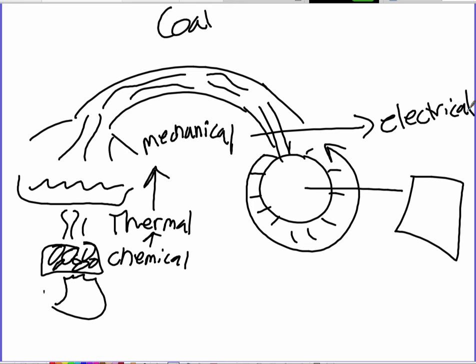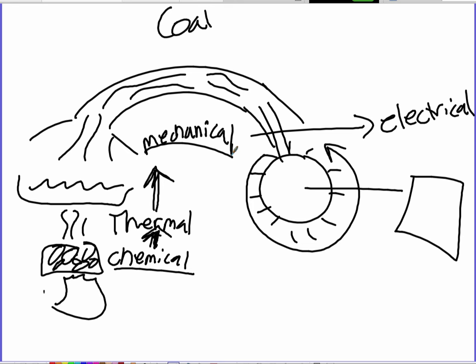So in a coal-powered power plant, we go from chemical energy stored in the coal to heating it up, causing it to burn, which releases thermal energy, which makes steam, and the steam moves, so that's mechanical energy, which moves a turbine, which is also mechanical energy, which creates electricity through a generator, so electrical energy.